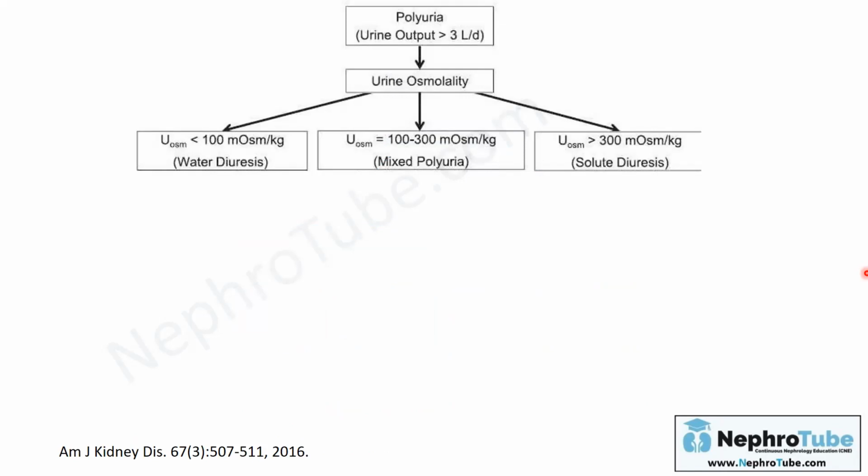So this is the second and the main approach that I suggest to use for the diagnosis of polyuria. It was published in the American Journal of Kidney Disease in March 2016, and I suggest you read this article.